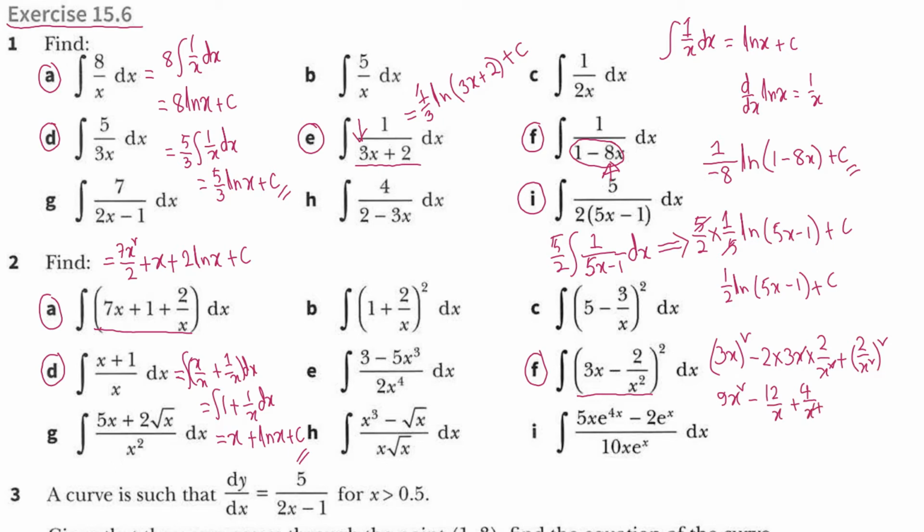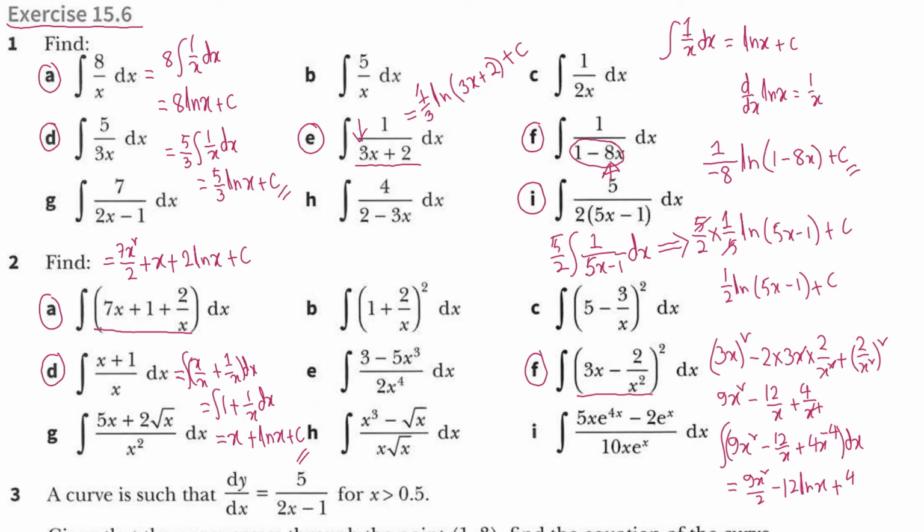Now it is possible to integrate. Let me write in indices form: minus 12 by x, then that one you can write 4x to the power minus 4. Let me apply integration here. The first one gives us 9x squared by 2, then minus 12 ln x, and the last one is plus 4.